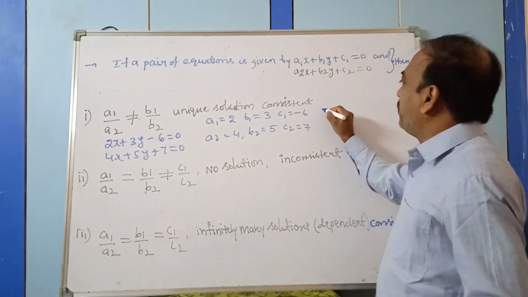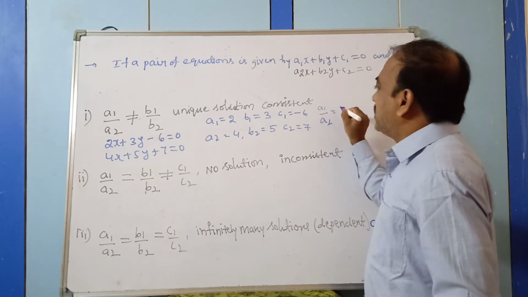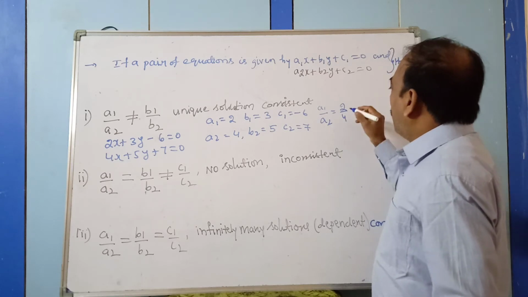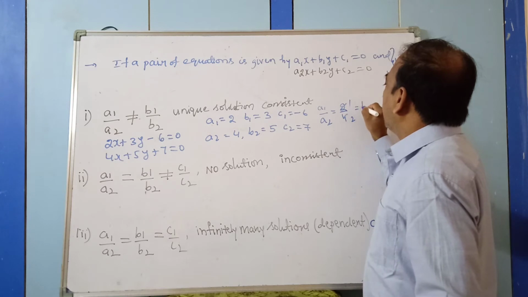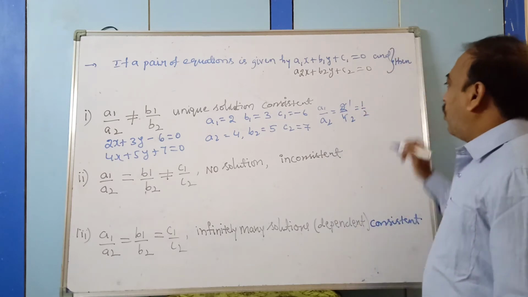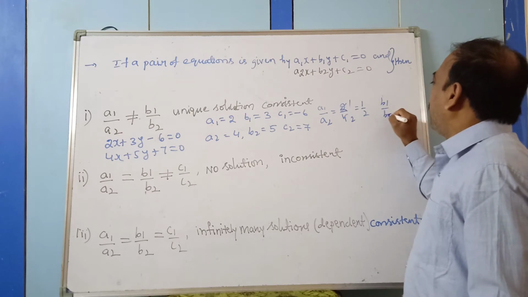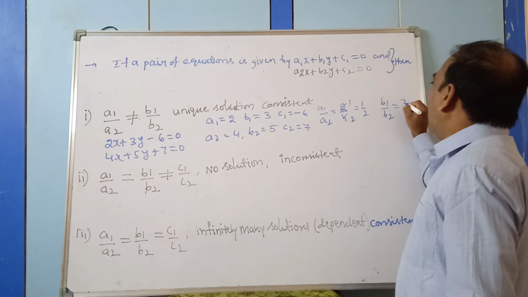Take the ratio A1 by A2, that is 2 by 4, which simplifies to 1 by 2. Now B1 by B2 is 3 by 5.